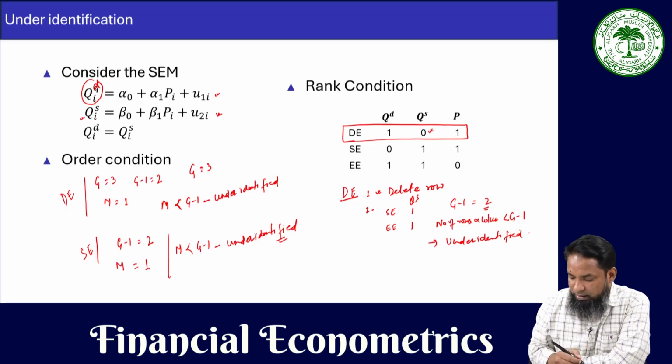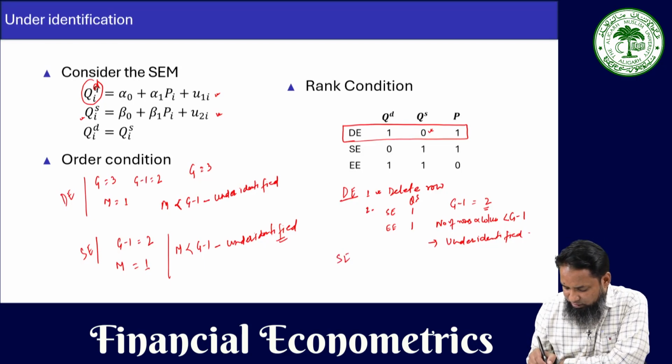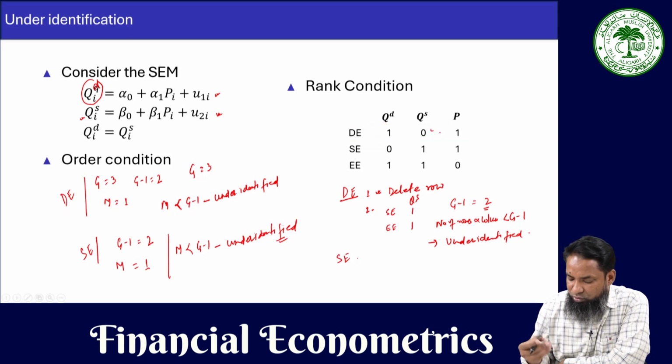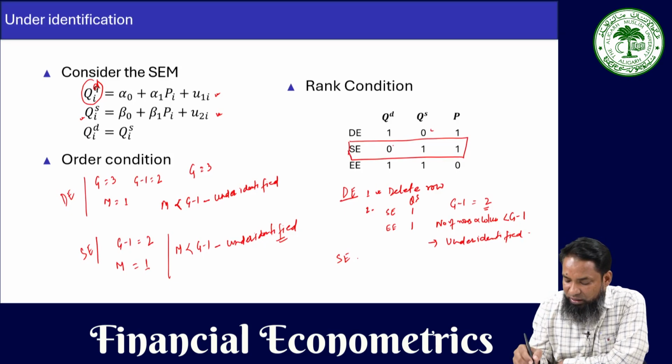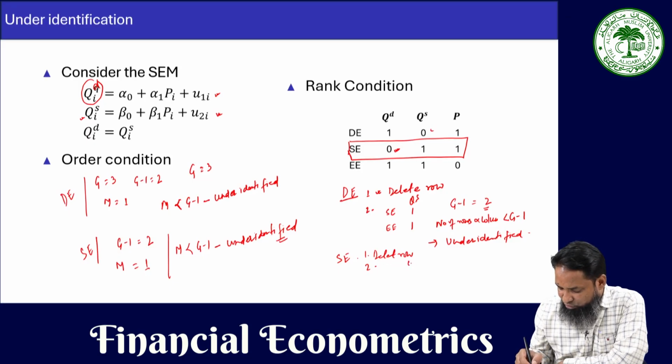Now if you take the supply equation, we first delete this equation's row. Then consider only the column where we have 0. Again, we have 0 only in the first column. The second part will be Q demanded, which we have 1 1.